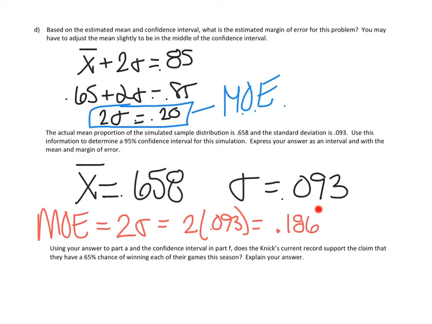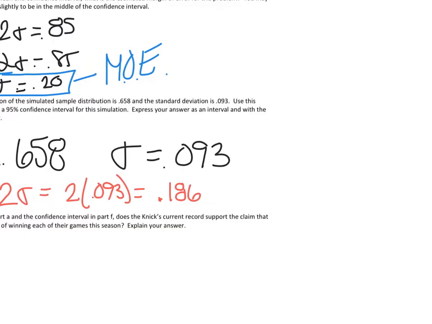Okay, so was I pretty close to what I estimated it to be? I would say so. Now it says we want a confidence interval of 95%. So I'm going to take that mean. I'm running out of room here. I'm going to slide over to the left. I'm going to take my mean of 0.658, and I'm going to add my 2 standard deviations, or my margin of error, 0.186, and I'm going to subtract it to get a nice confidence interval.